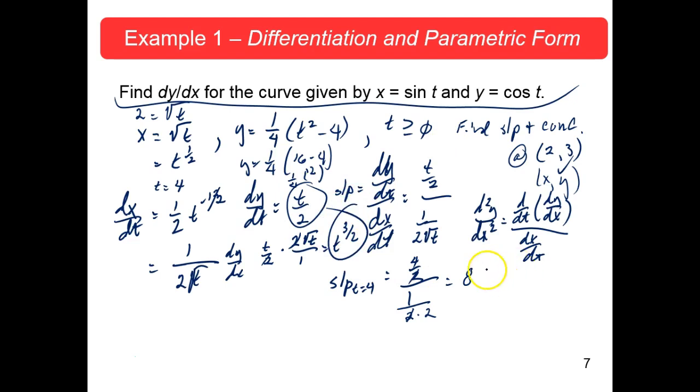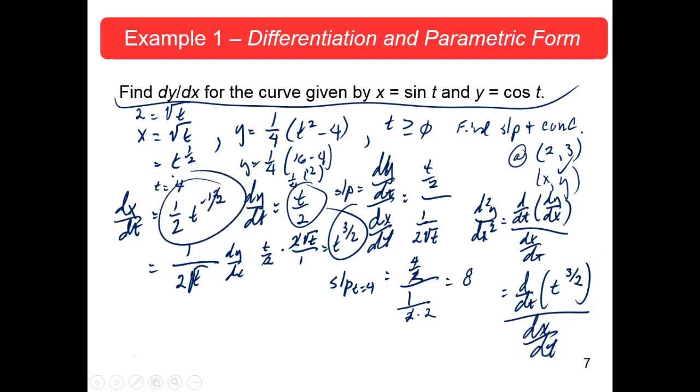So this will be d by dt of t to the 3/2 divided by dx dt, which we already did. That was this one. So what is d by dt of that?